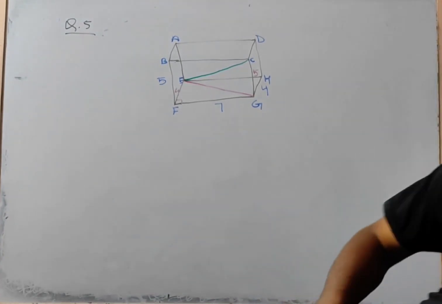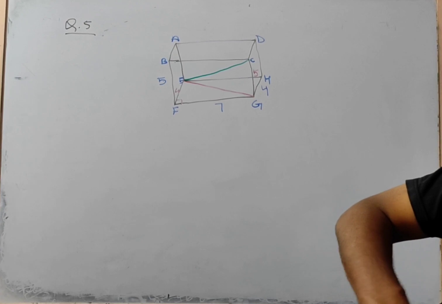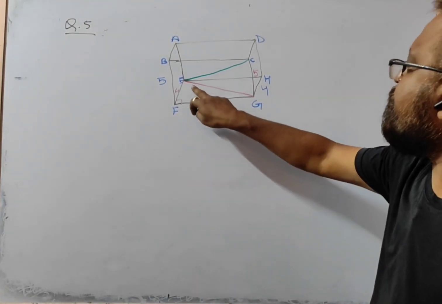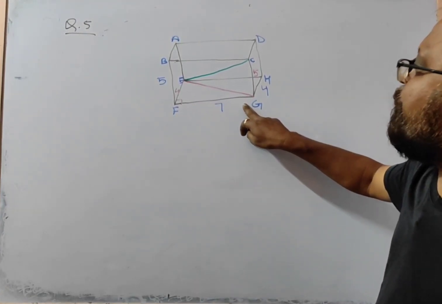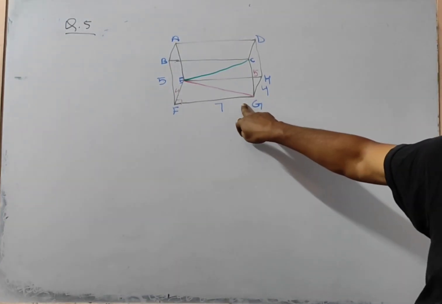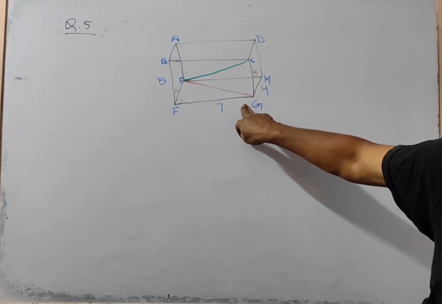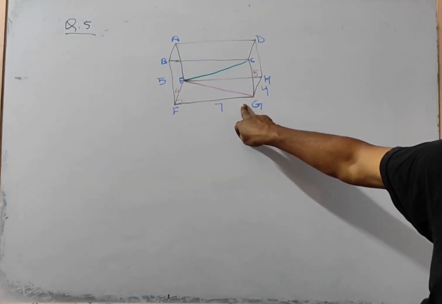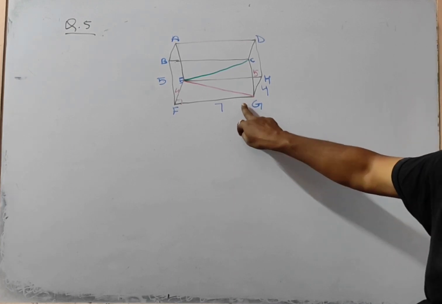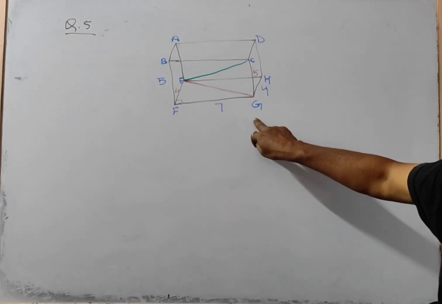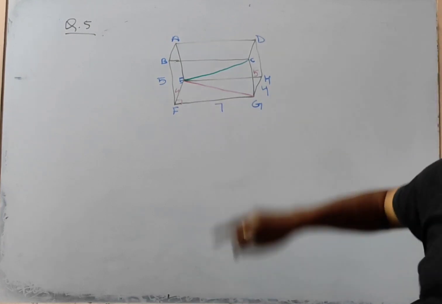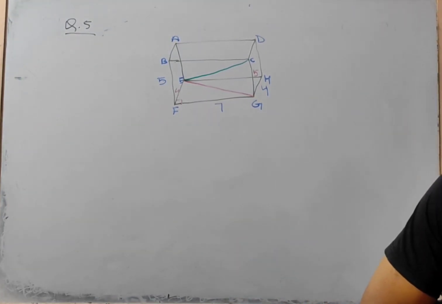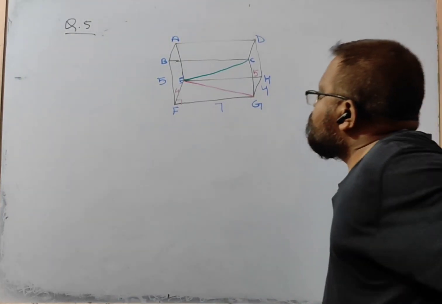Oh, I wrote wrong. EG we have to find. EG we have to find. Yeah, this is G.